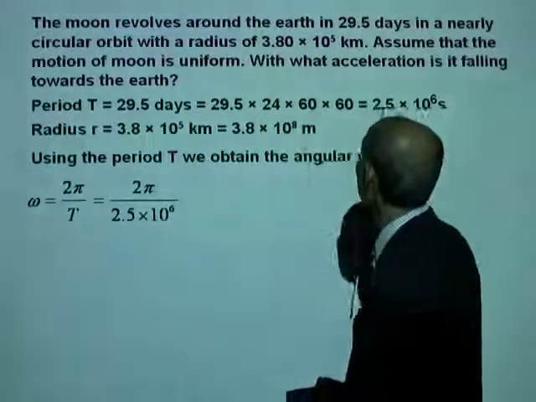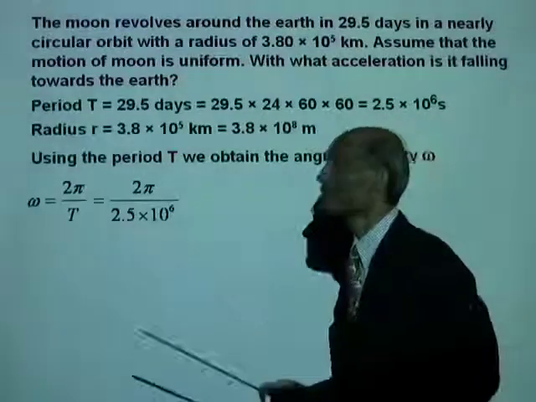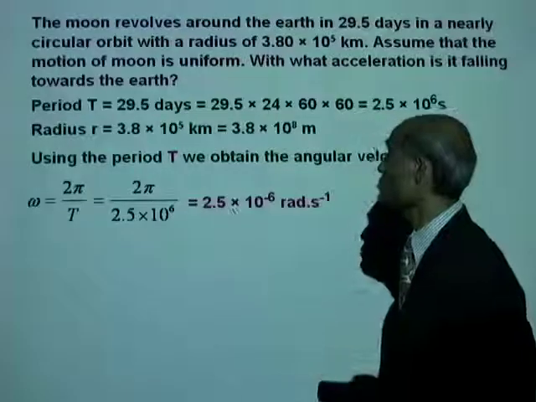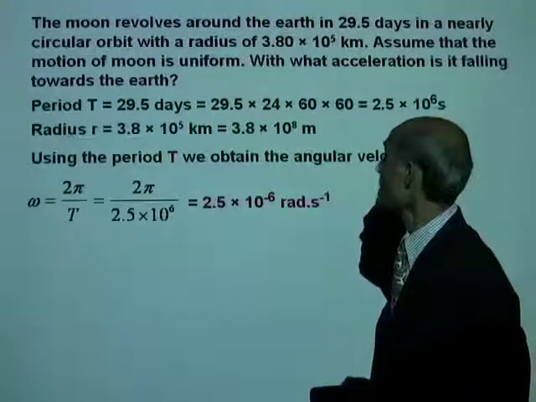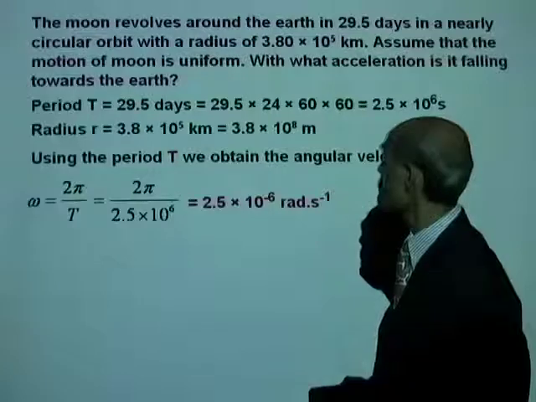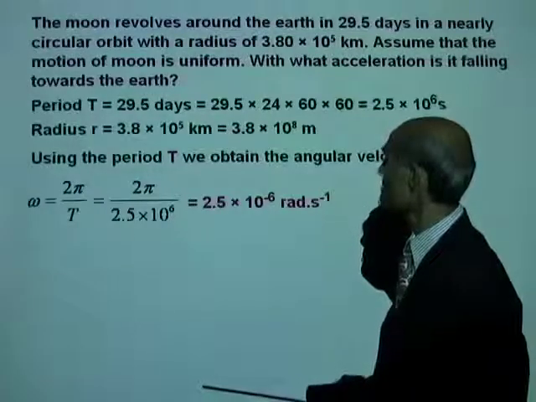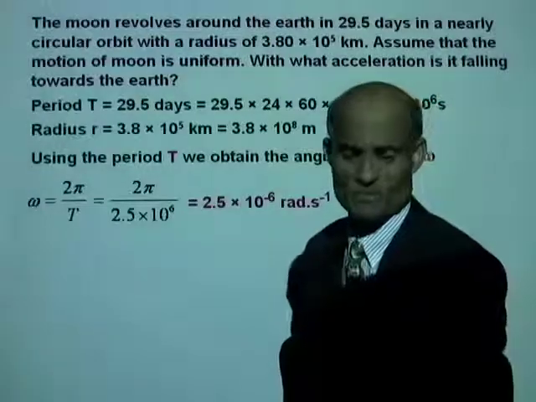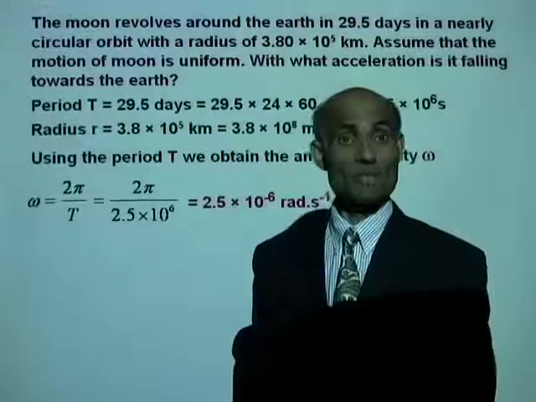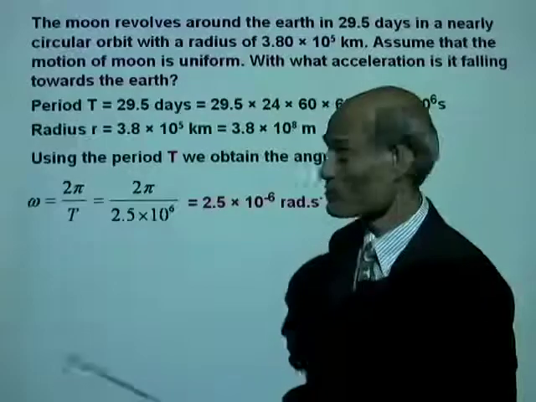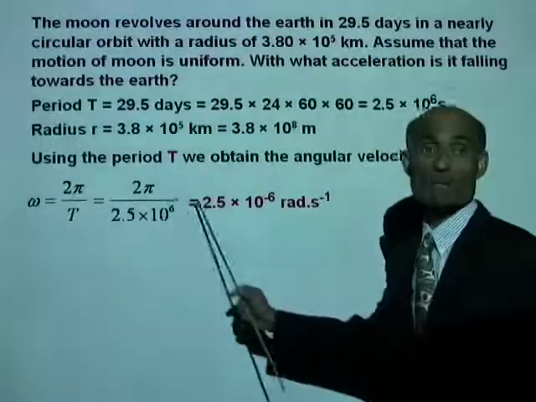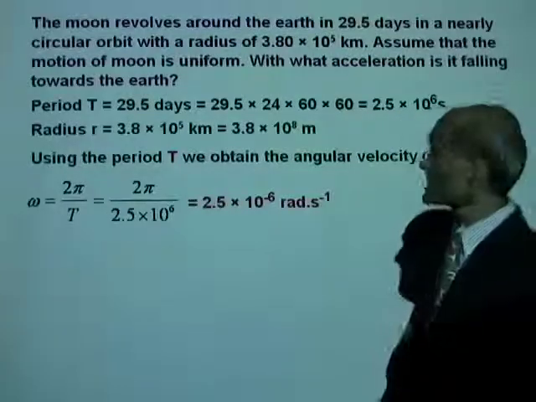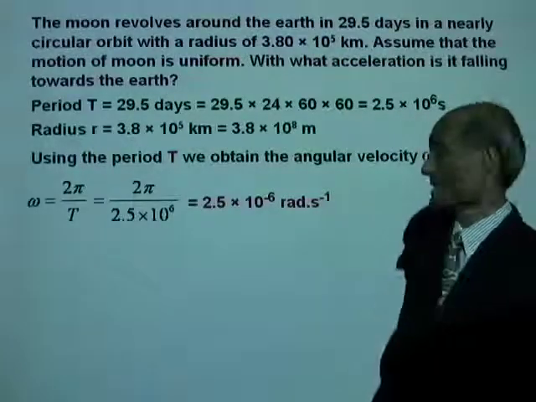That will be 2 pi divided by 2.5 times 10 to the 6 seconds, and that is 2.5 times 10 to the negative 6 radian per second. Is that right? That doesn't look right. Do you want to check it on your calculator and make sure this is right? Omega equals 2.5 times 10 to the negative 6 radian per second.